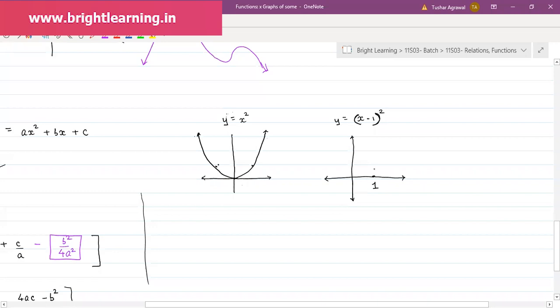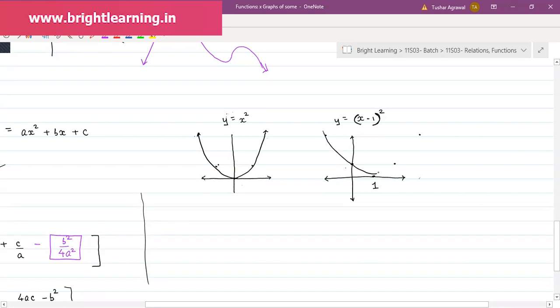When x equals 2, the bracket is 1. When x equals 0, the bracket is minus 1, and minus 1 squared is 1. x equal to 3 means 3 minus 1, 2 steps ahead, the bracket is 2, and bracket 2 means 4. x equal to minus 1, so minus 1 minus 1 is minus 2.